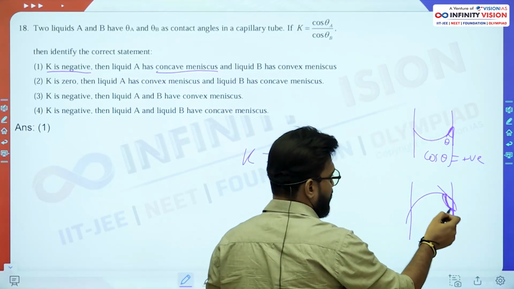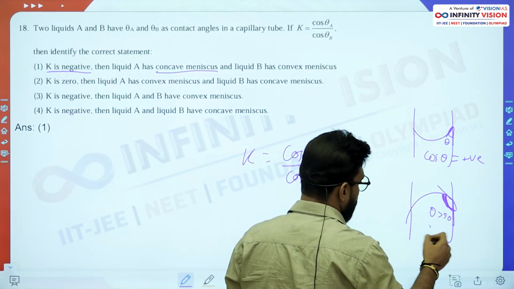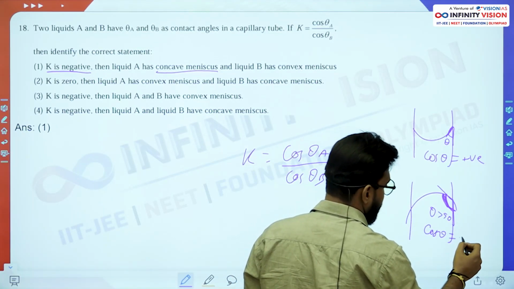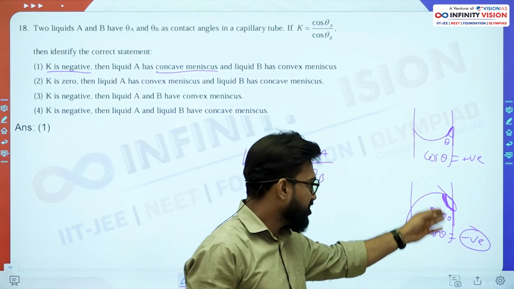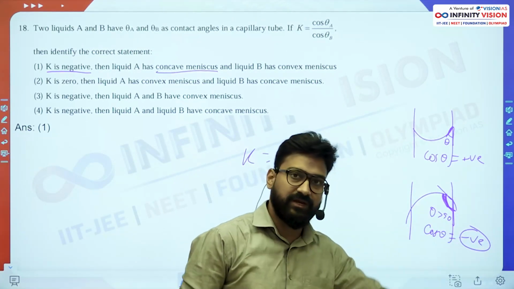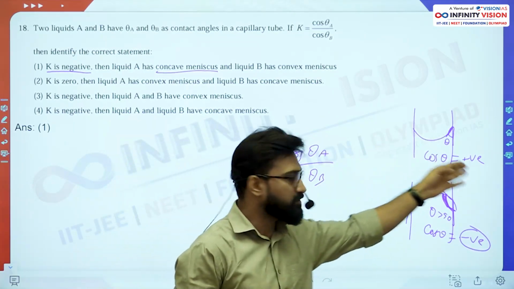When it has a convex meniscus, this theta is greater than 90, so this cos theta would have a negative value. Cos between 90 and 180 is always negative. In the second quadrant, cos is always negative. In the first quadrant, cos is always positive.